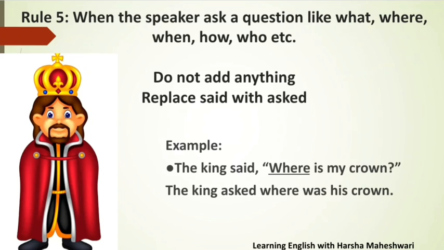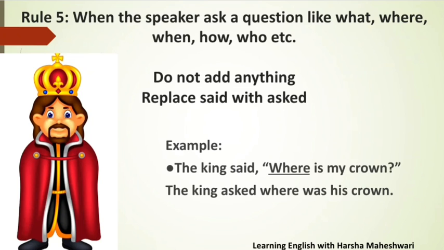Fifth rule is, when the speaker asks a question like what, where, when, how, who, etc., do not add anything, replace said with asked. For example, the king said, "Where is my crown?" This is a WH question.